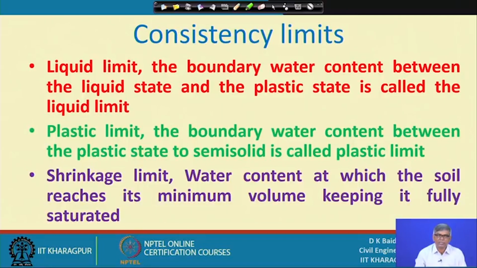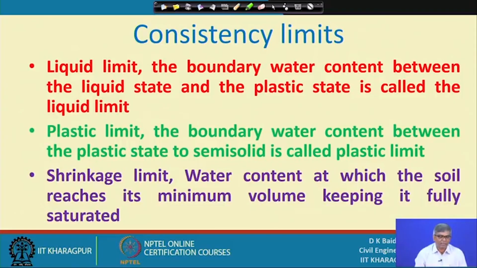And for that, before doing that classification, you have to understand some behavior, and to understand that behavior, our past researchers tried different ways of streamlining things. One such step was the consistency limits.